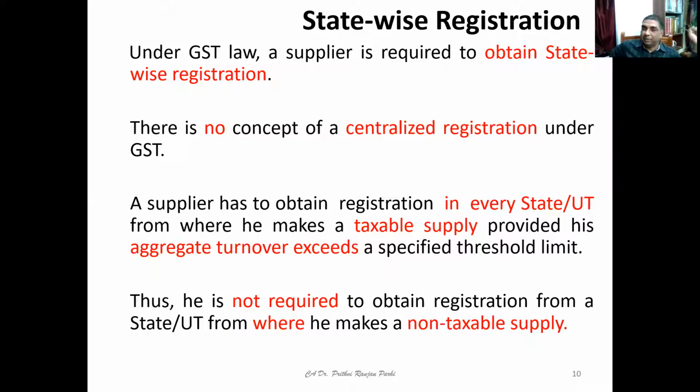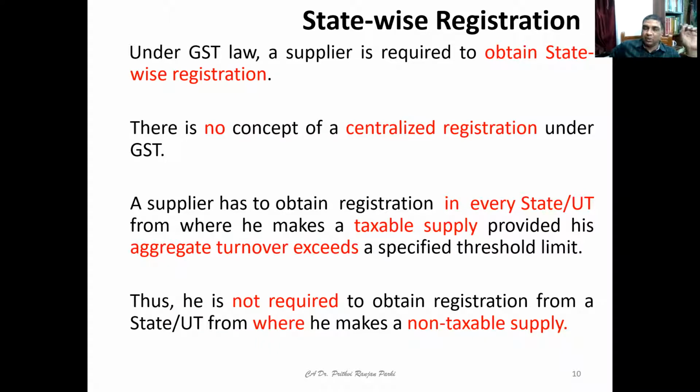I repeat, if someone is making non-taxable supply from a state or union territory, then he need not obtain registration from that state or union territory, even if his aggregate turnover exceeds the specified limit.